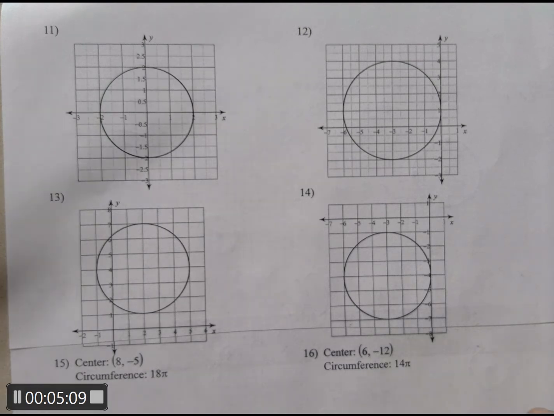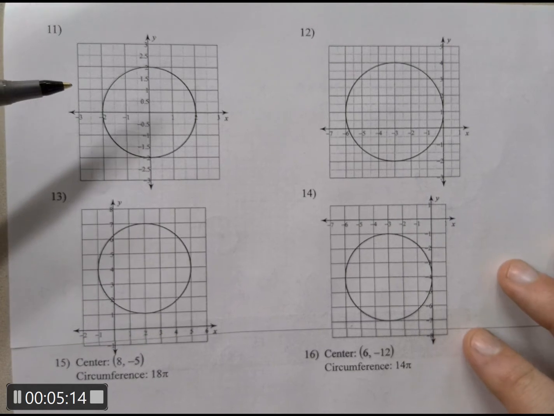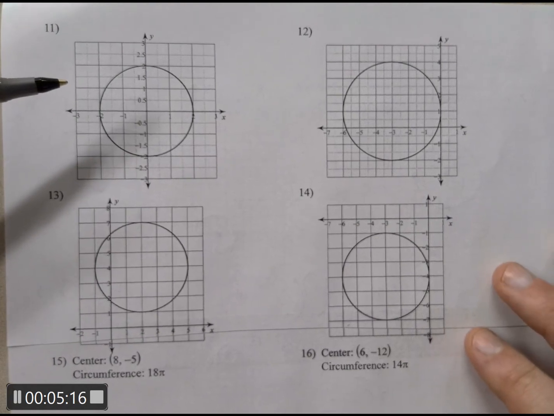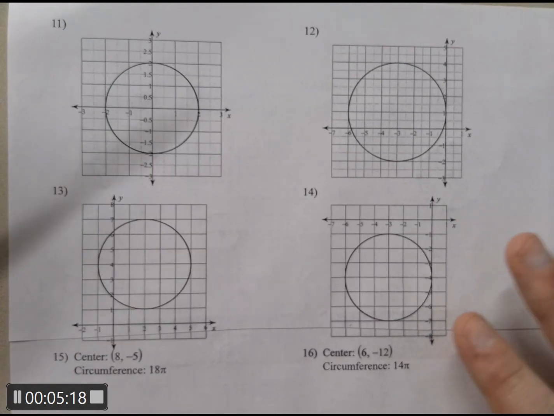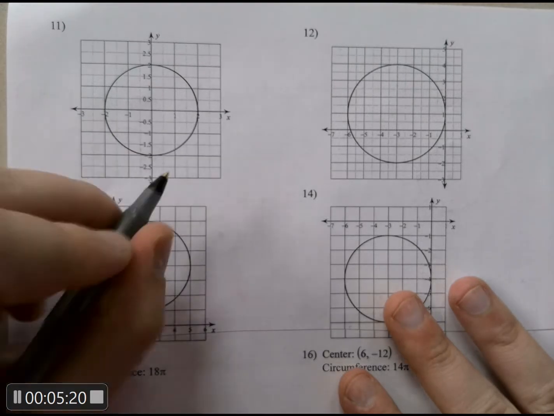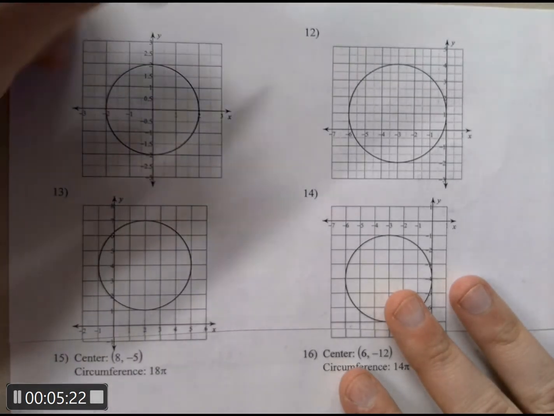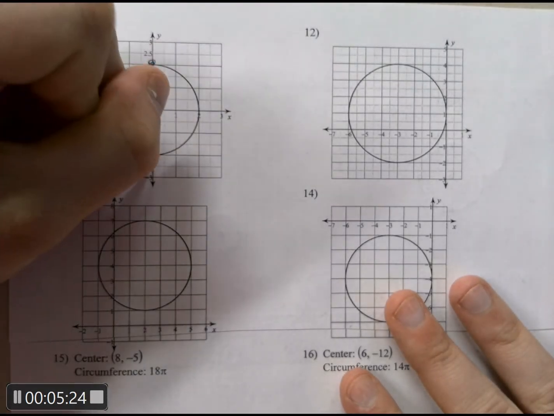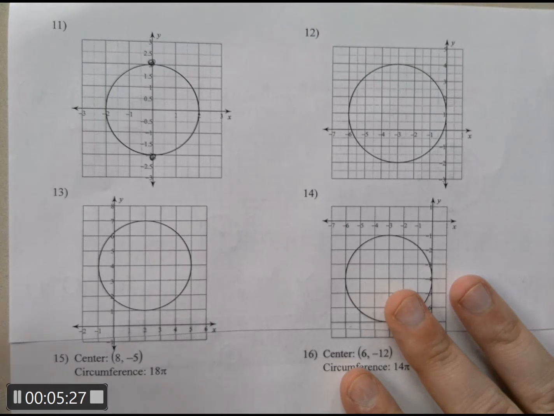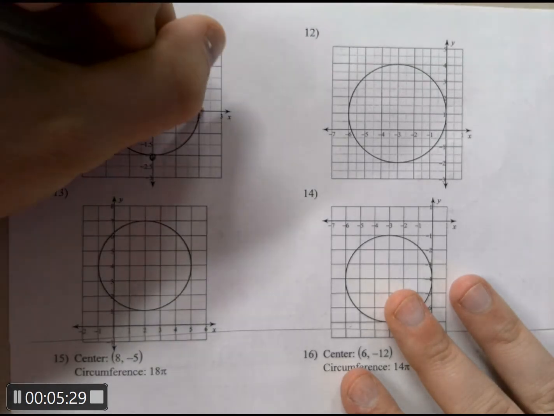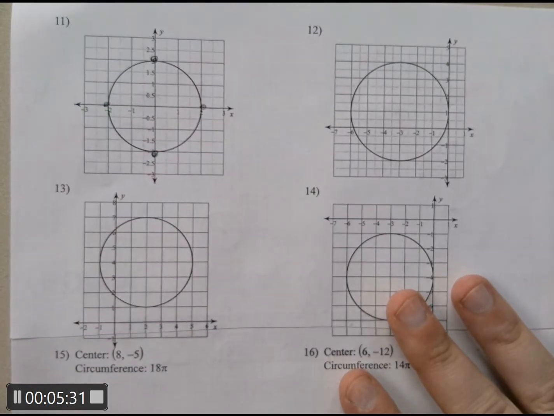So looking at this first circle, let me straighten it up for you, sorry. What I'm going to do is find the center. The way I'm going to find the center is I'm going to go to the middle of the 2 points on the end. You see how those are the 4 outmost points?